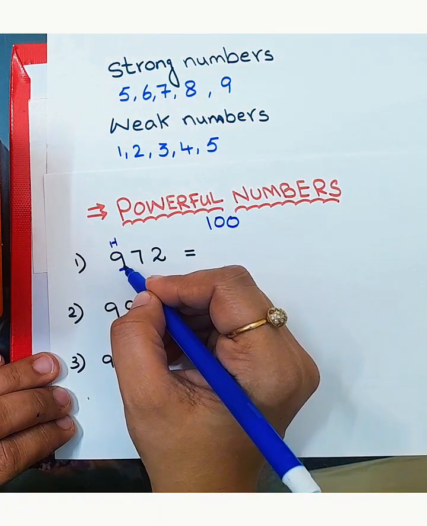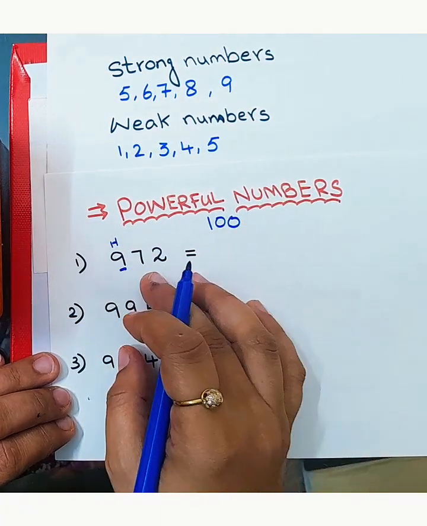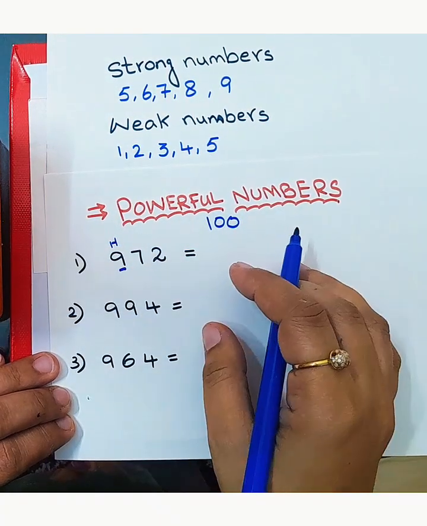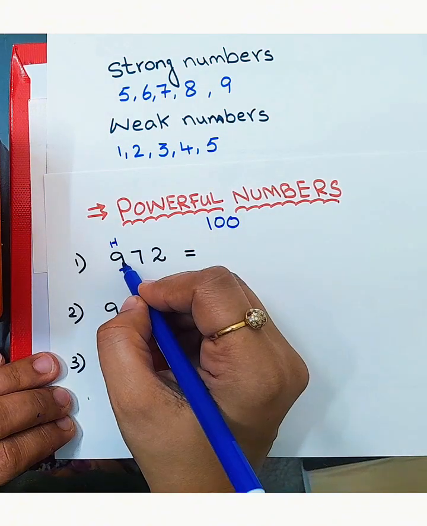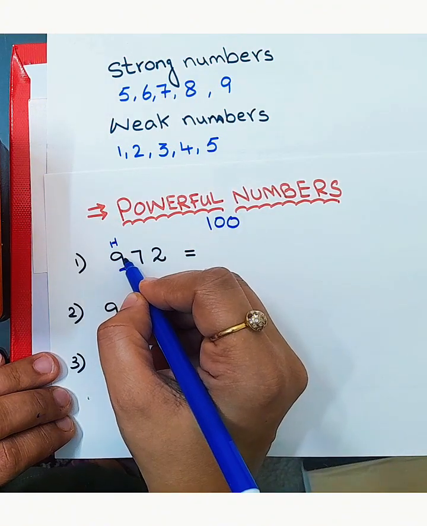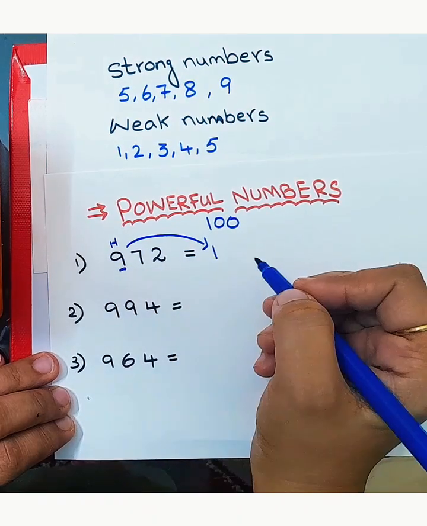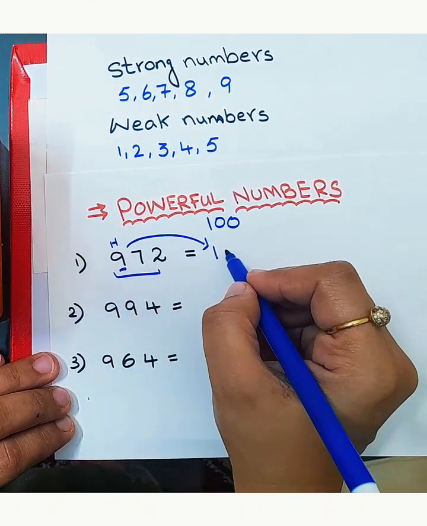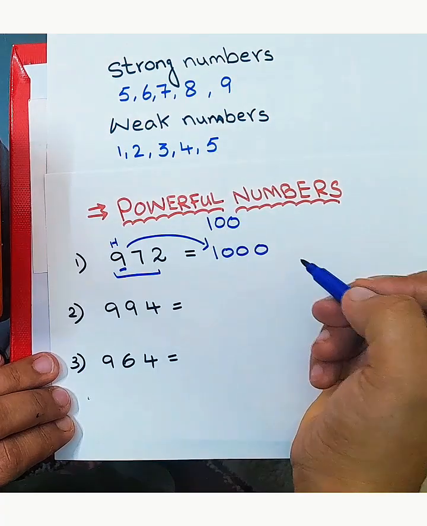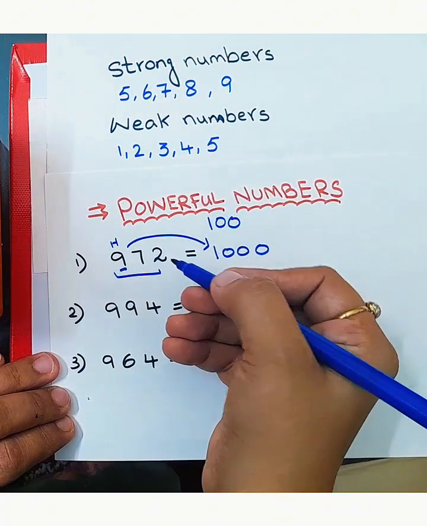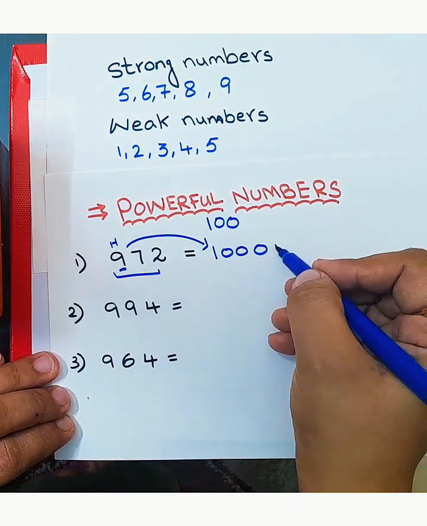But the next number is 9. 9 has no place to accommodate more power. So what will it do? This cannot be changed, so a new number will be created, which will be 1. And all three numbers will become 0, 0, 0. These are the powerful numbers. When you don't have any power to accommodate, a new number will be created.